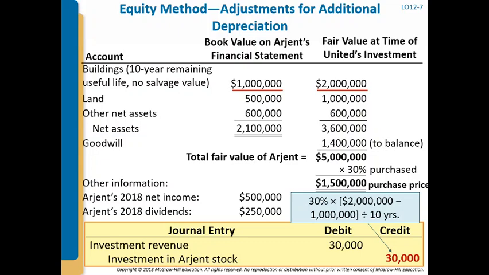So we're backing out $30,000 of revenue, and we're crediting or reducing United's investment in Argent stock.